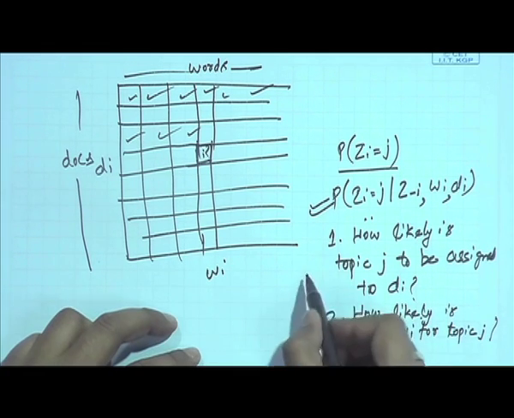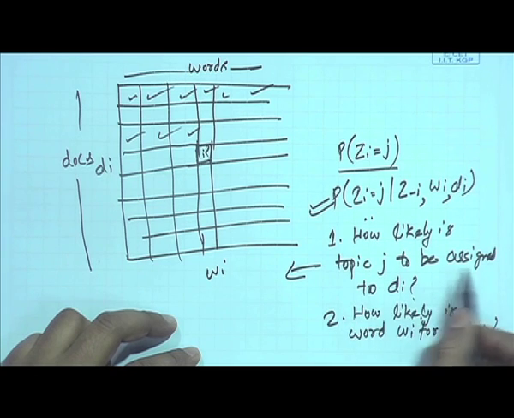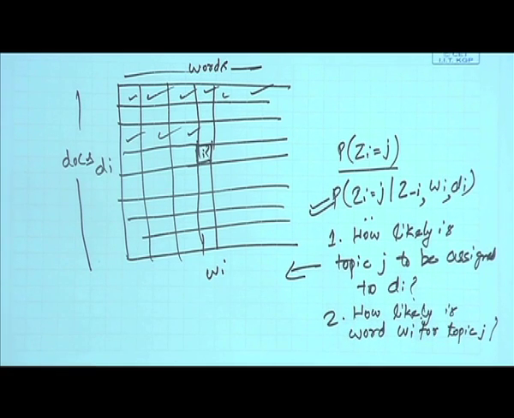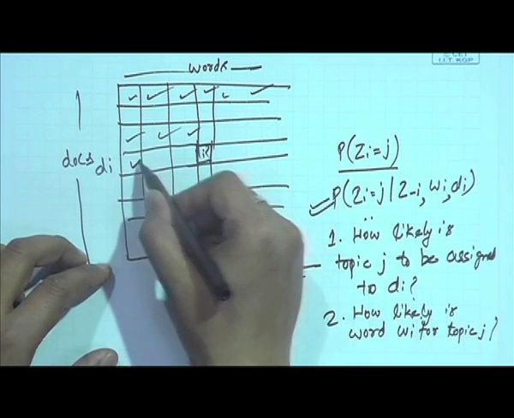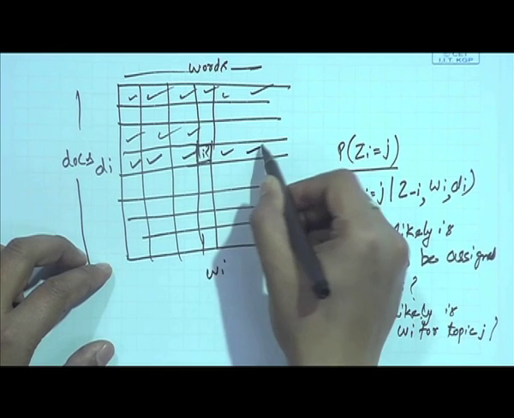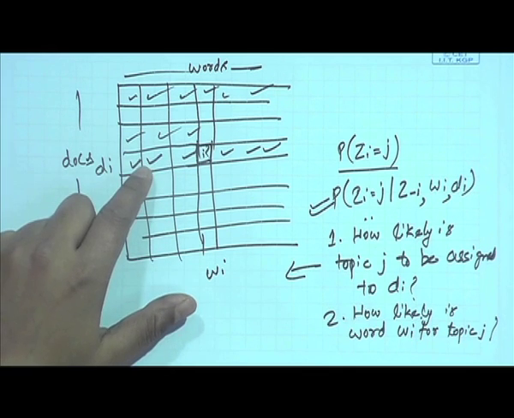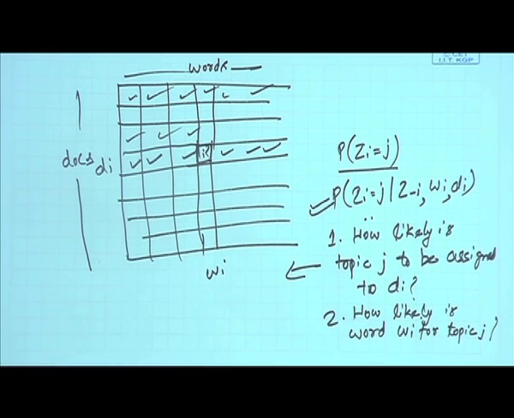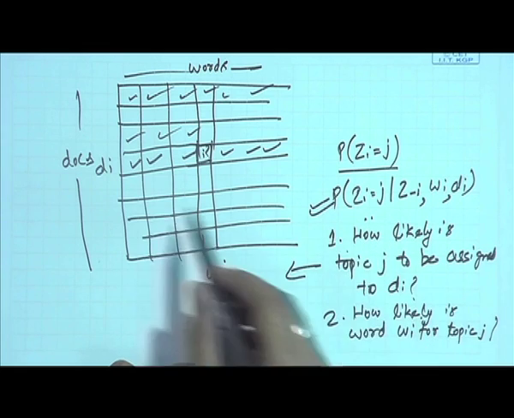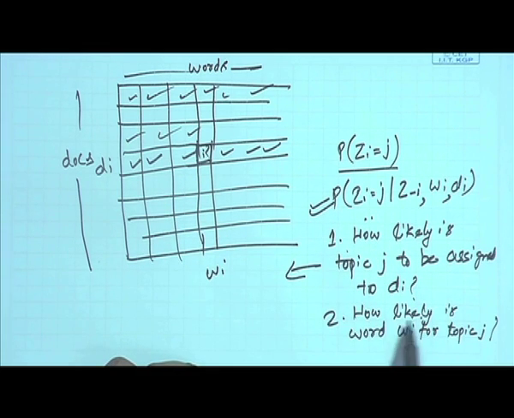Now how do I know this one? How likely is topic j to be assigned to document d_i? I am given the topic assignment for all other words in this document. So I'll find out what fraction of words in this document are assigned this topic j, divided by the number of words. So this I can compute easily from the topic assignment. Now how do I compute this? How likely is each word w_i for topic j?